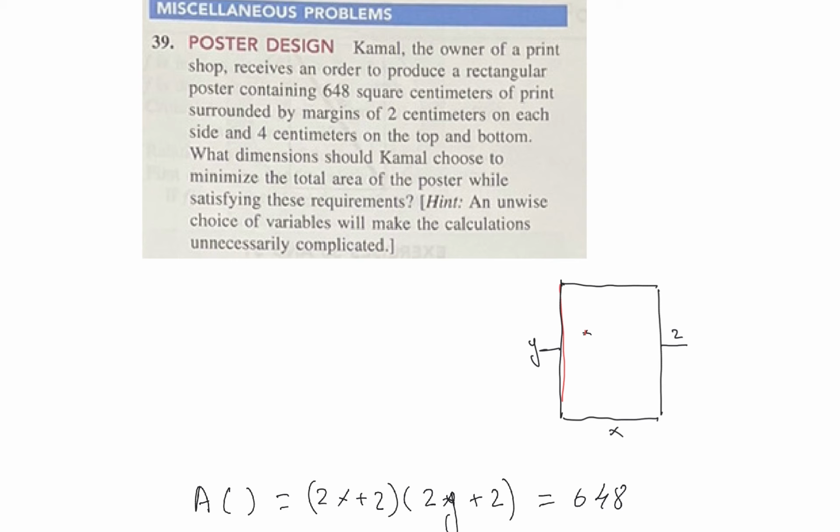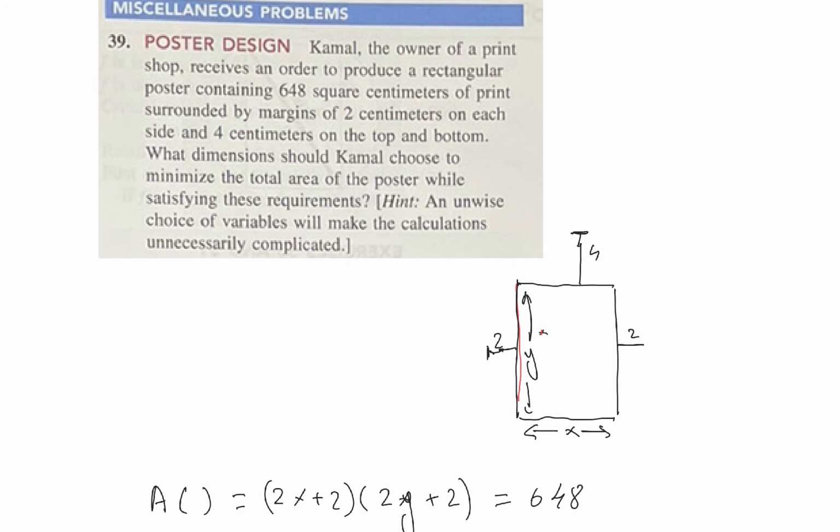So let me erase the y here. The y is this height, this is y, and this is x. And I need to respect 2 centimeters here to each side, and 4 centimeters here on the top and the bottom. So how will my page to print look?